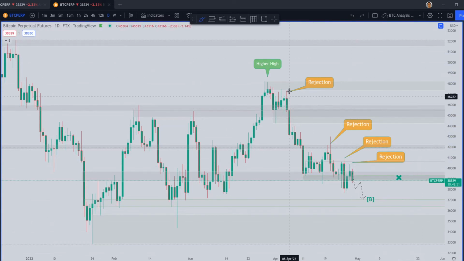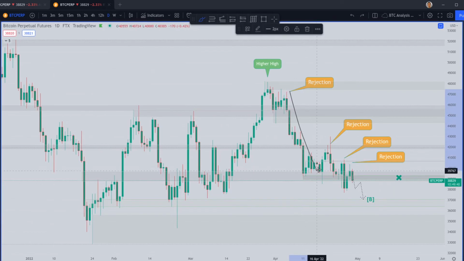But after the first rejection, second rejection, third rejection, and small rejection, it looks like price is not even able to move sideways. It looks like the price will just get weaker and weaker.